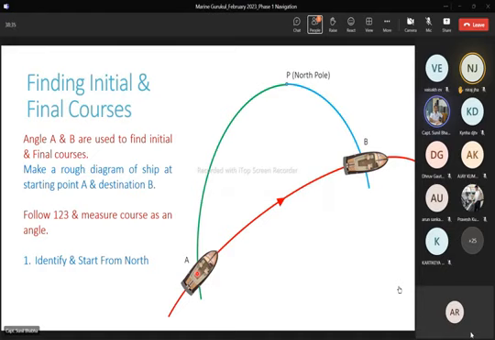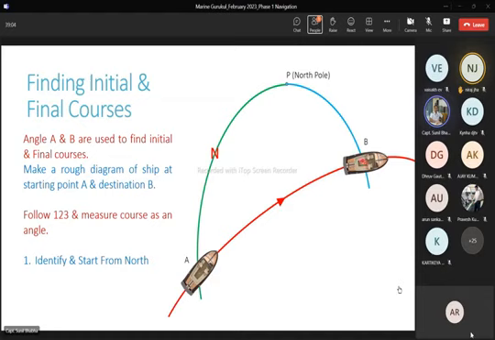So to identify the north direction, we basically have to see where the meridian is going. Now when the ship is at point A, the meridian is this green color track, which is taking us to the North Pole. So let's mark it as point N. So this N represents the direction of the true north.